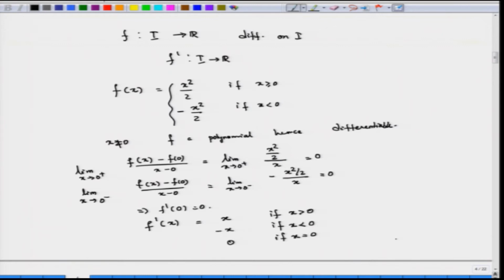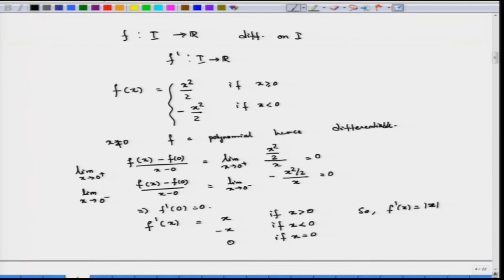And what is this function? f prime of x is nothing but mod x, and we know that mod x is not differentiable at 0. So f prime is a function from R to R, but it is not differentiable at 0, where f is differentiable. So, it is not necessarily true that if a function is once differentiable, then the derivative is again differentiable.